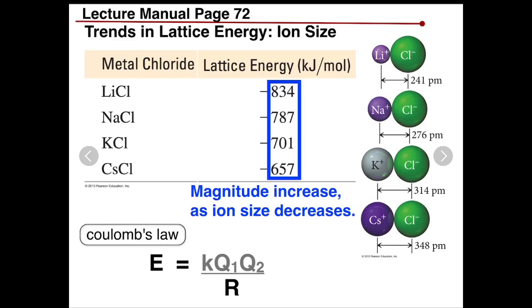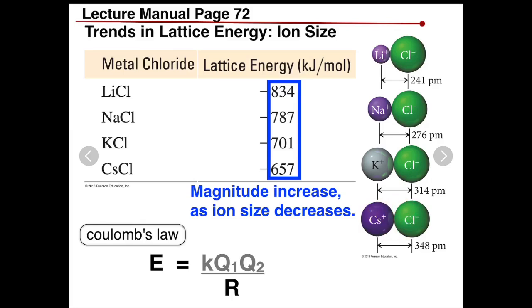The first way is that the 657 tells us that if you combine cesium ions and chloride ions together, the negative 657 is the amount of energy that is going to be generated. Same thing for lithium and chloride: if you combine these together, the amount of energy given off would be 834, which tells us that this has a stronger attraction force than this one. So these two smaller ones have a stronger attraction force than these two big ones.